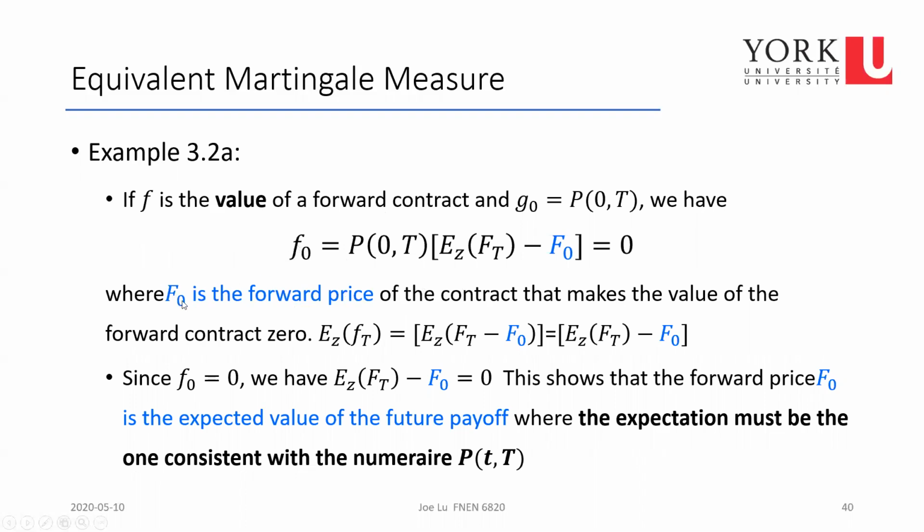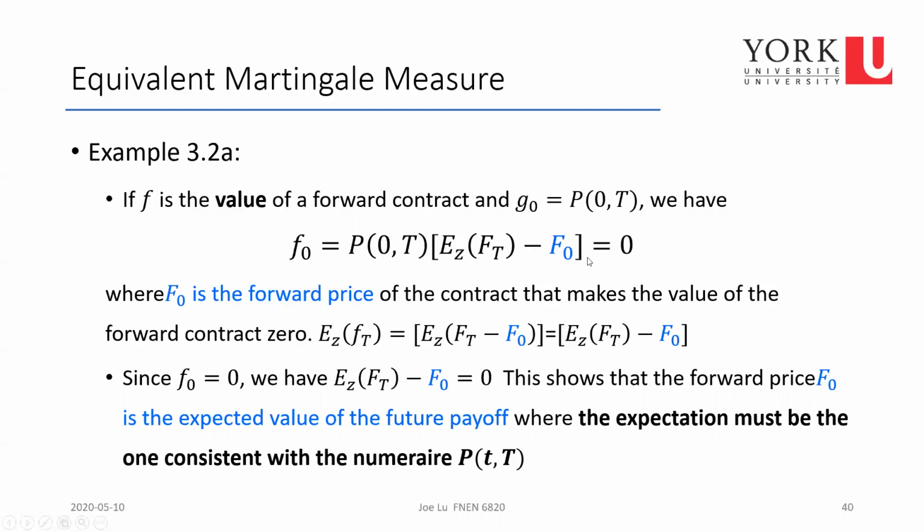This is the forward price of the forward contract at time 0. This is the value of that forward contract at time 0. The value of the forward contract at the initiation of the forward contract is actually 0. But the forward price is typically not 0.